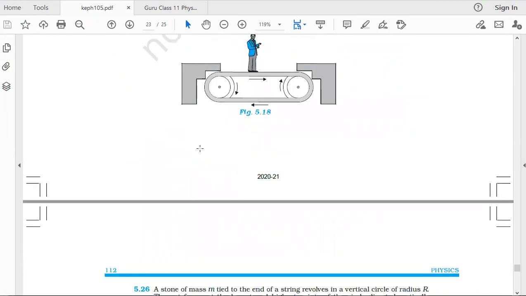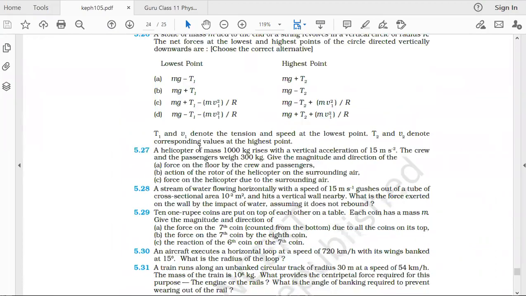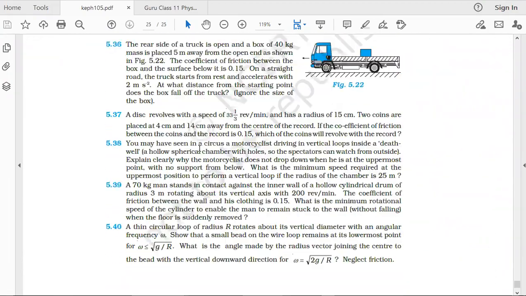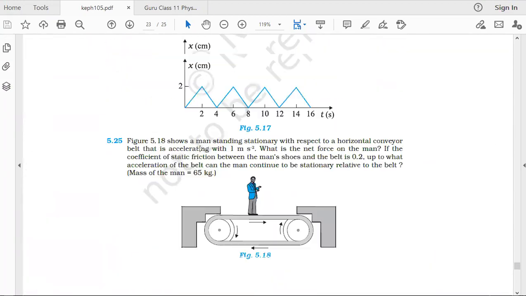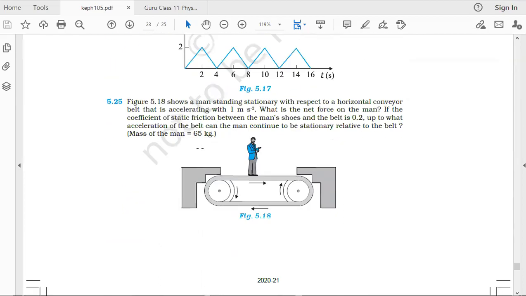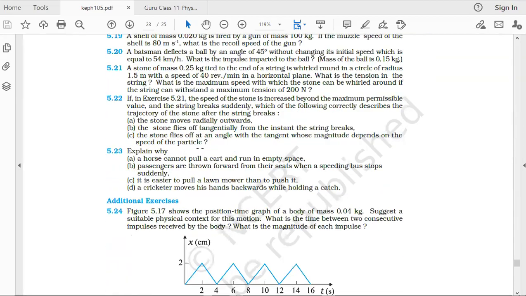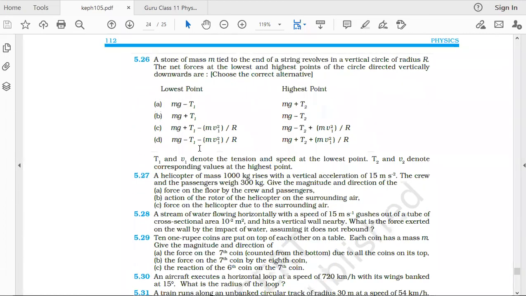Do start doing page number 111 and 112 also. You have 3 more pages, which is a lot of problems, but not very difficult. So 111 and 112 is your homework. Try to do as much as possible.